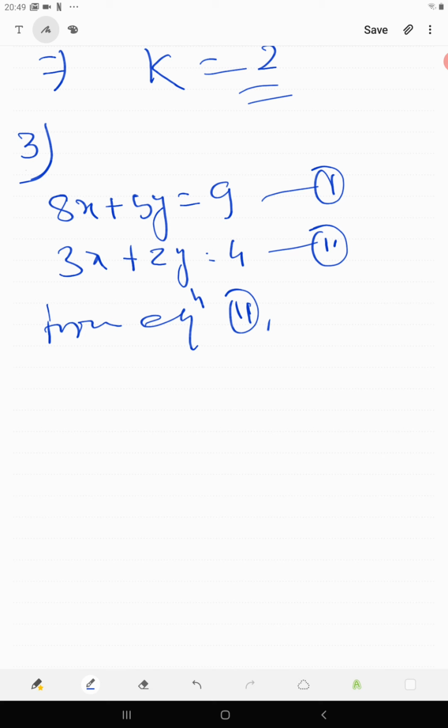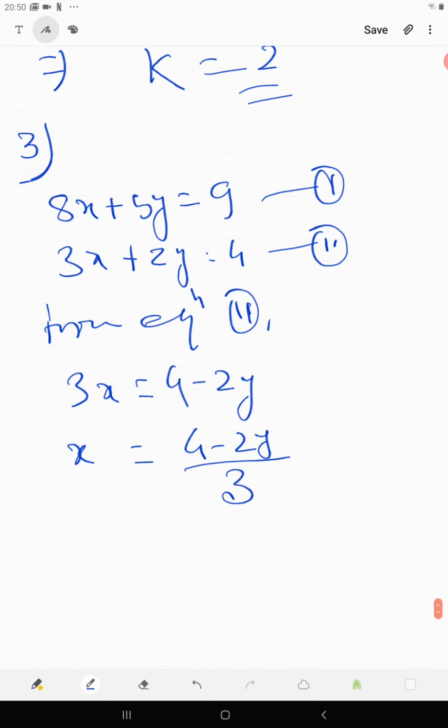So from equation 2, we will take y to the right hand side, so 3x equals 4 minus 2y. Then x equals 4 minus 2y by 3. Because 3 is multiplied on the left and it will become division on the right. So this is our equation 3.